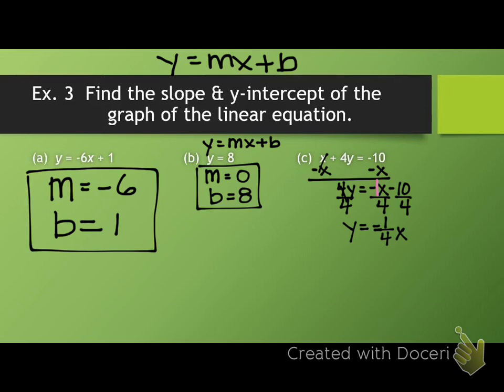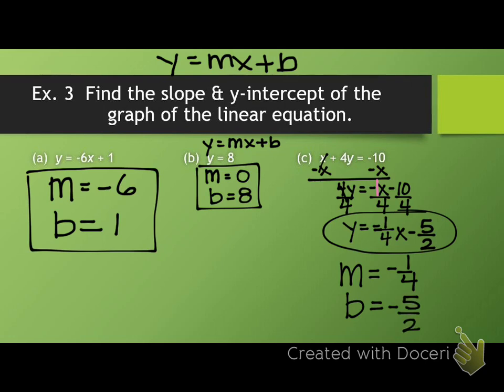It reduces to -5/2. Remember, that's not our answer yet, but we must always reduce fractions. Now, once it is in the correct form, we should be able to identify our slope and our y-intercept. What is our slope? -1/4. And what is our y-intercept? -5/2. Awesome.